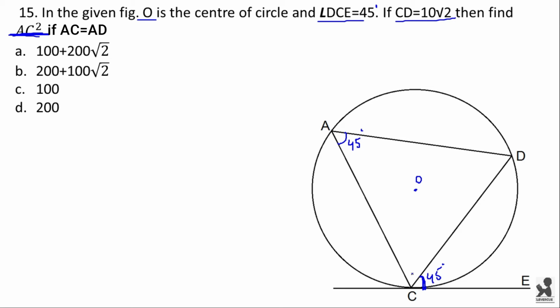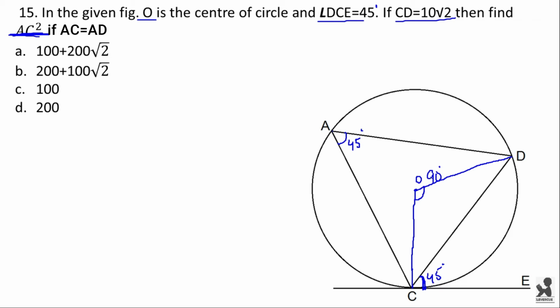Here you can observe that the chord CD is making an angle of 45 degrees on the circumference of the circle, then it will make an angle of 2 into 45 degrees, that is 90 degrees, at the center of the circle. So if you connect these lines, you have this angle as 2 into 45, that is 90 degrees. This angle is 90 degrees.